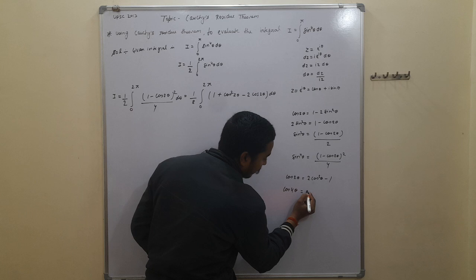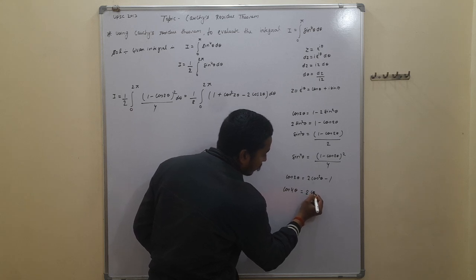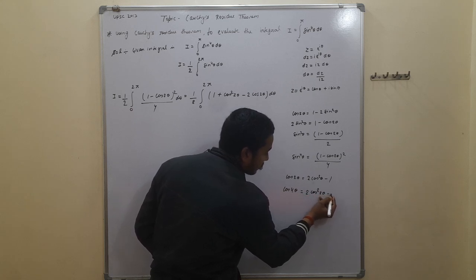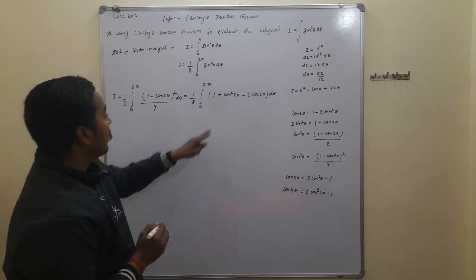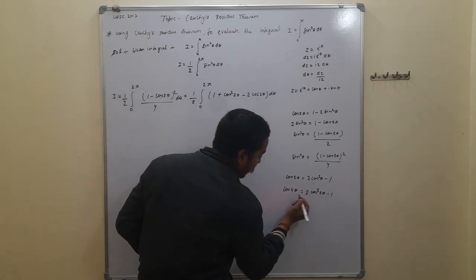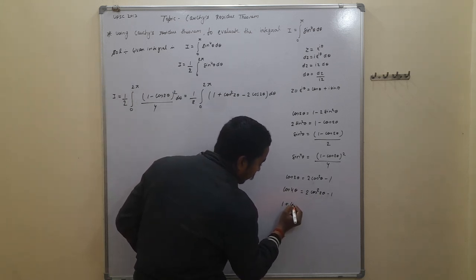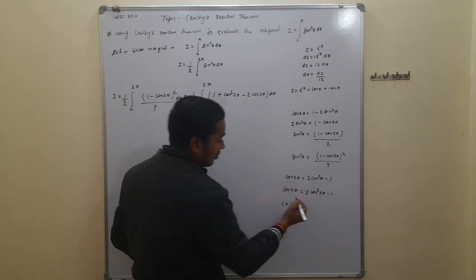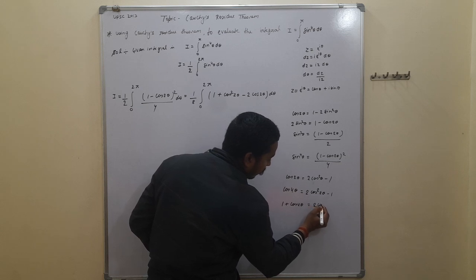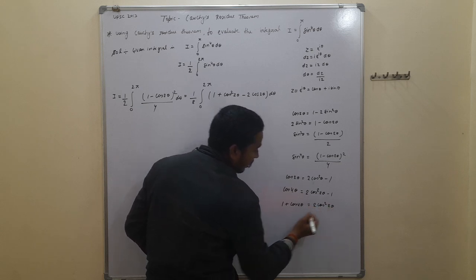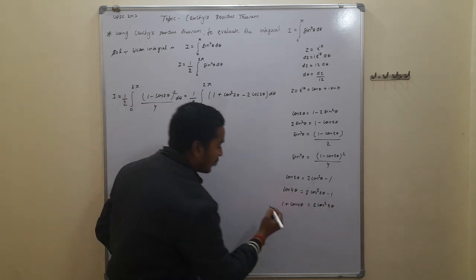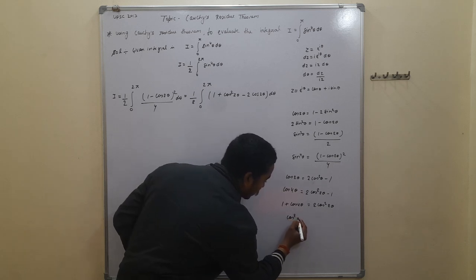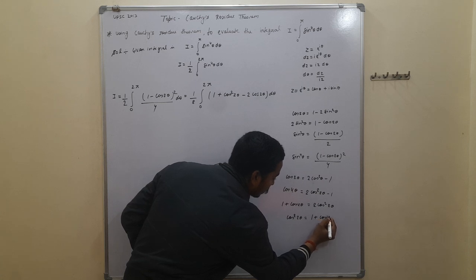So we write cos 4 theta is equal to 2 cos square 2 theta minus 1. Taking minus 1 to the left hand side, this gives 1 plus cos 4 theta is equal to 2 cos square 2 theta, and from here cos square 2 theta is equal to (1 plus cos 4 theta) upon 2.